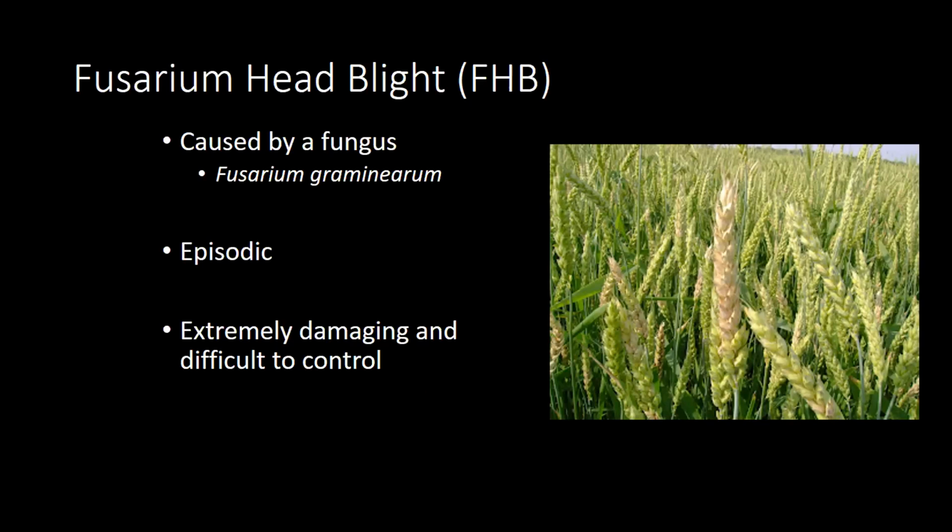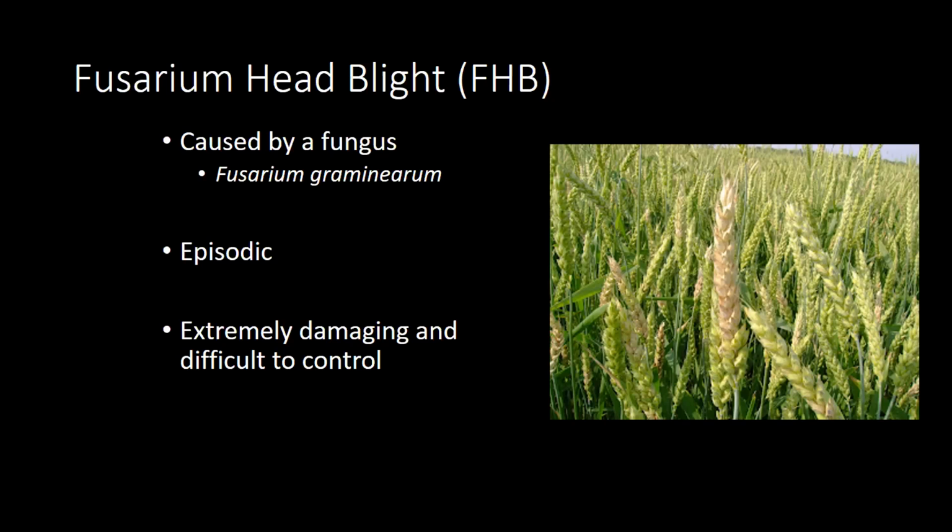Fusarium graminearum is the one that predominantly is going to be causing Fusarium head blight in Illinois. Fusarium graminearum also causes stalk rots in corn, and its sexual phase, Gibberella, causes Gibberella stalk rot and Gibberella ear rot in corn as well.